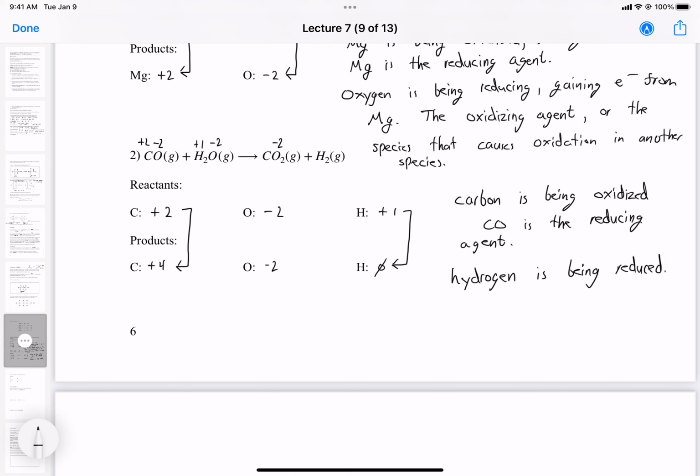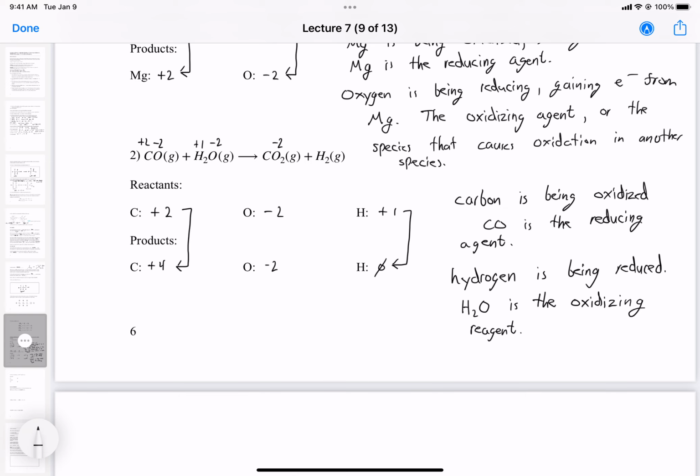So we say in this case water is the oxidizing agent. Okay, so those were some more examples.